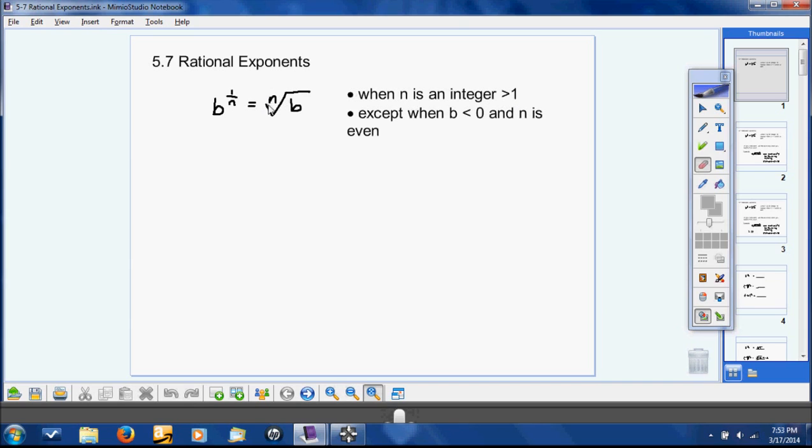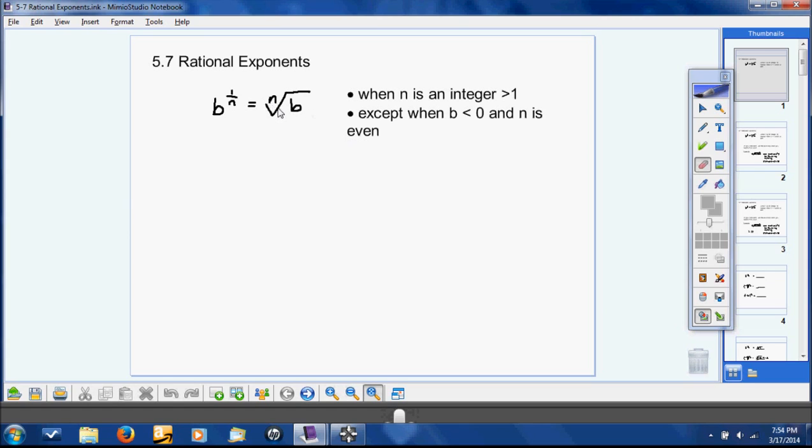You can't have a root unless this is a 2, 3, 4, 5, 6, on and on. So that works the same as the denominator of the fraction. n has to be an integer greater than 1. We have an exception: you can't have b being smaller than 0. In other words, you can't have an even root of a negative number.